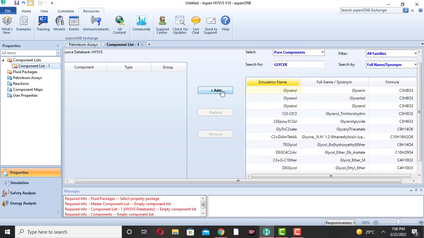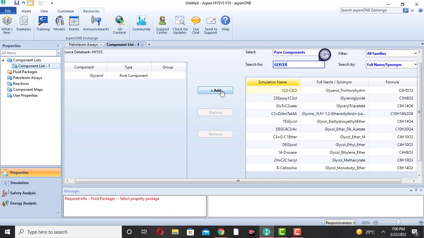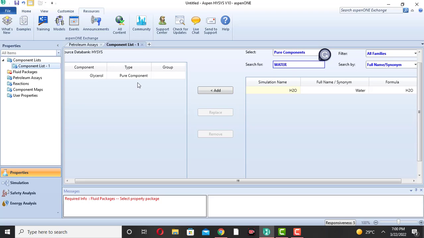This is the glycerin added. The other component is water. Add water.